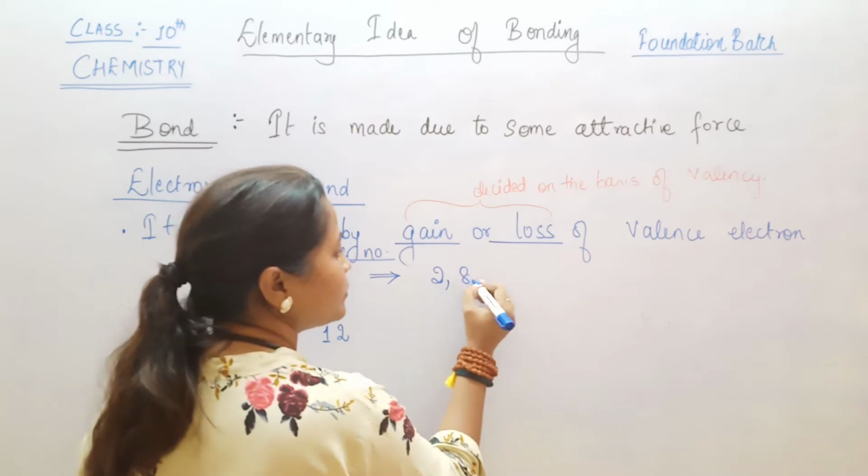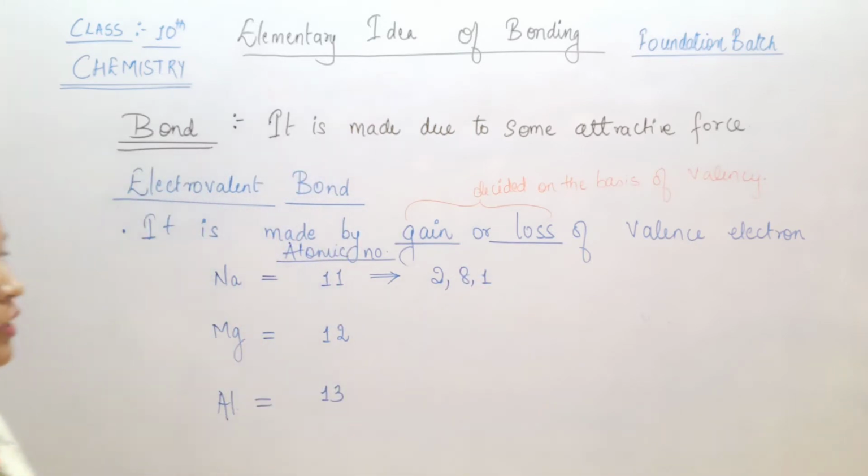Ideally, if you go through the electronic configuration of these, 2, 8, 1 is the electronic configuration of sodium.